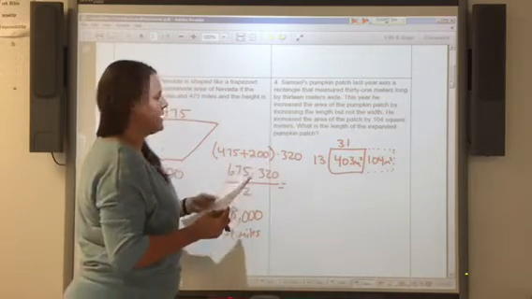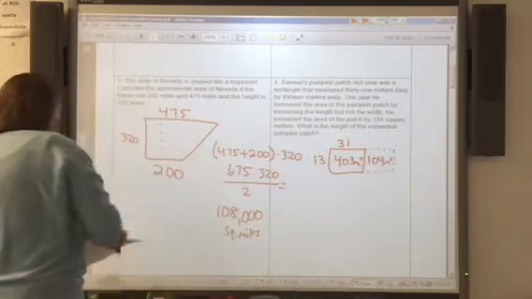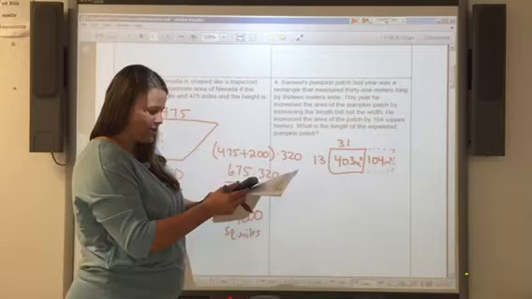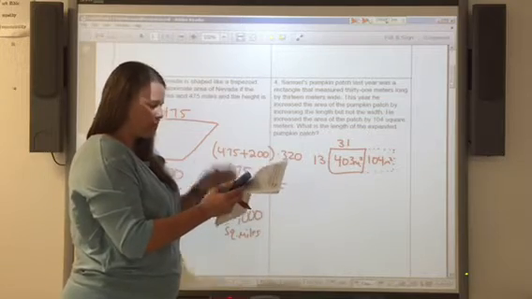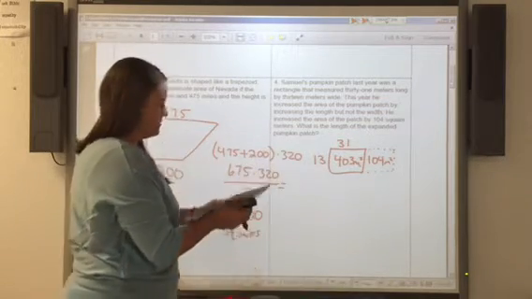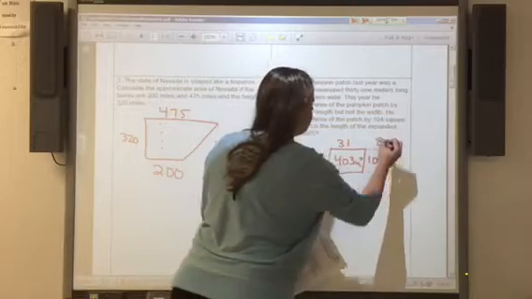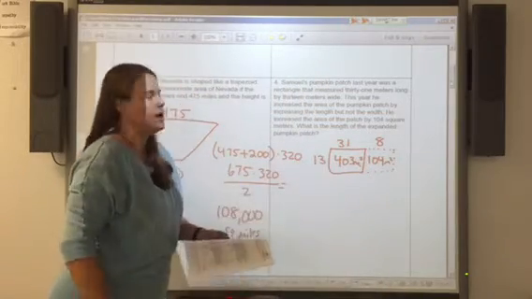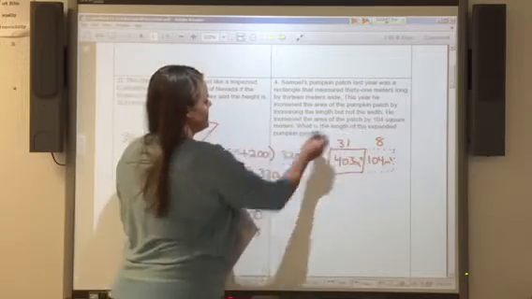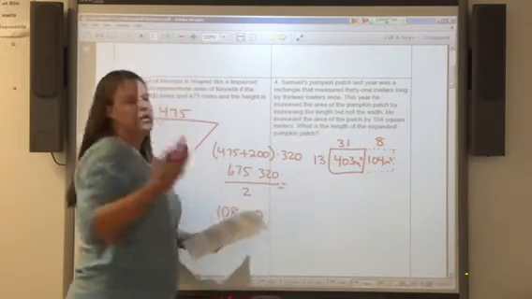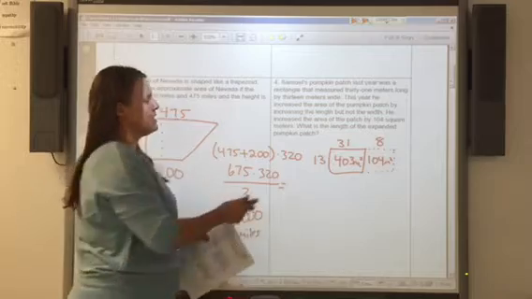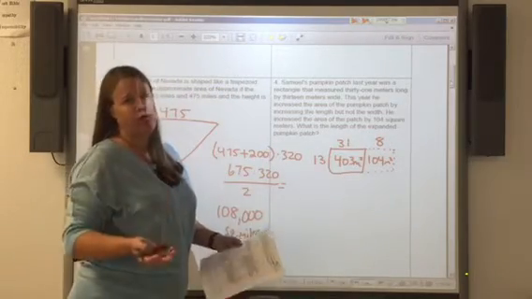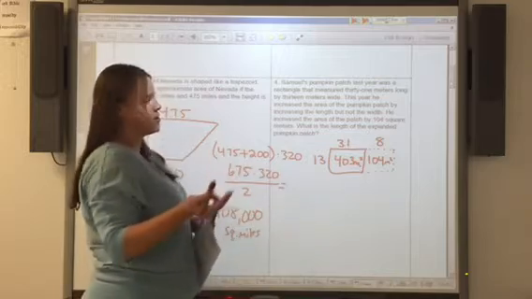So when I divide that in my calculator, I do 104 divided by 13, and I got 8, okay? So my new dimension is 8, and it's still 13 wide. The question is, what is the length of the expanded pumpkin patch? So for this question, I accepted if you put 8 or if you put 39. I accepted both answers. So either 39 or 8.